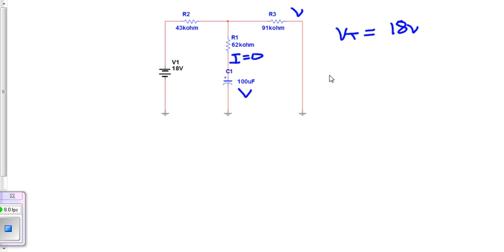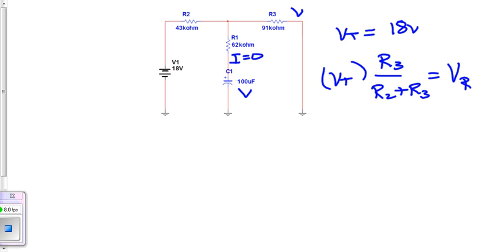So I'm going to take that volts total. I'm going to multiply that by R3 divided by R2 plus R3. And that will actually give me the voltage on the resistor R3. Because what we're saying is what fraction of the total resistance is R3, and multiply that by the total voltage.